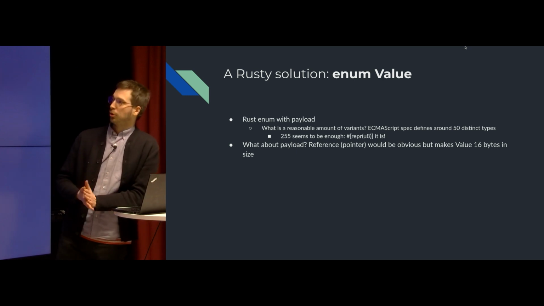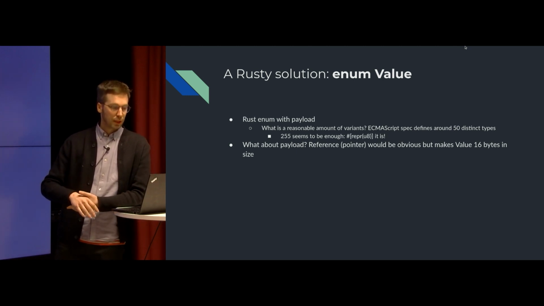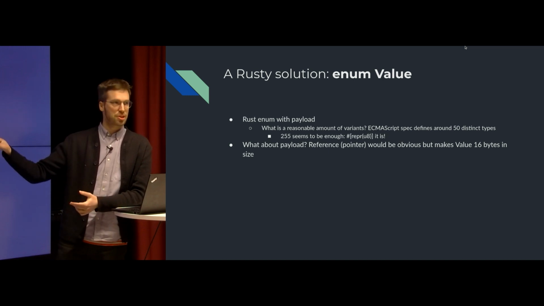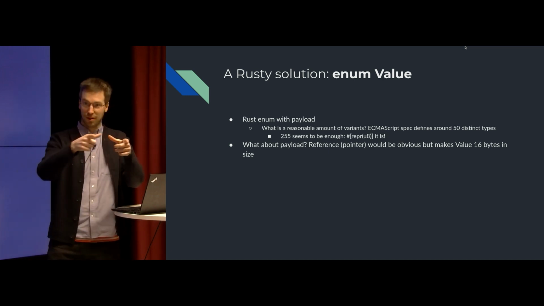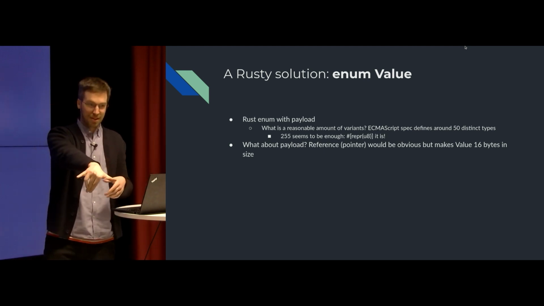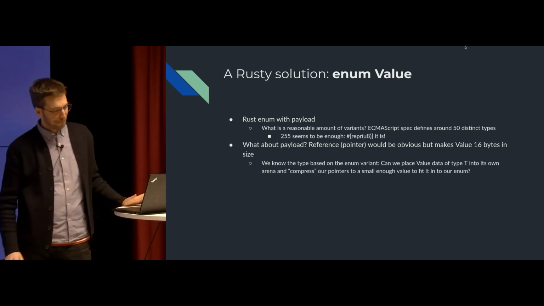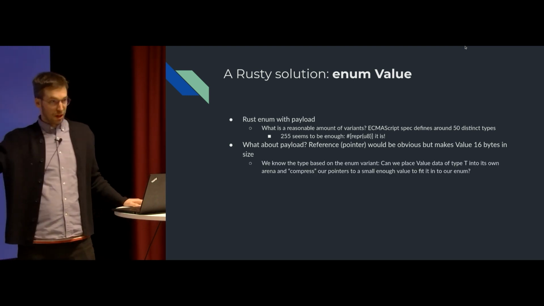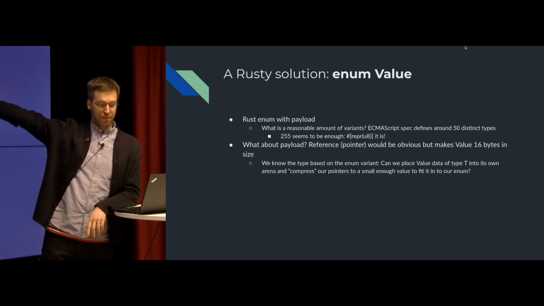So then what about the payload? The obvious choice would be to use the pointer, but then our value is now 16 bytes. And 7 of those bytes are just filler, because you've got the discriminant, and you've got a pointer there. It's just empty. That's horrible. No. We know the type of our value based on the enum variant.